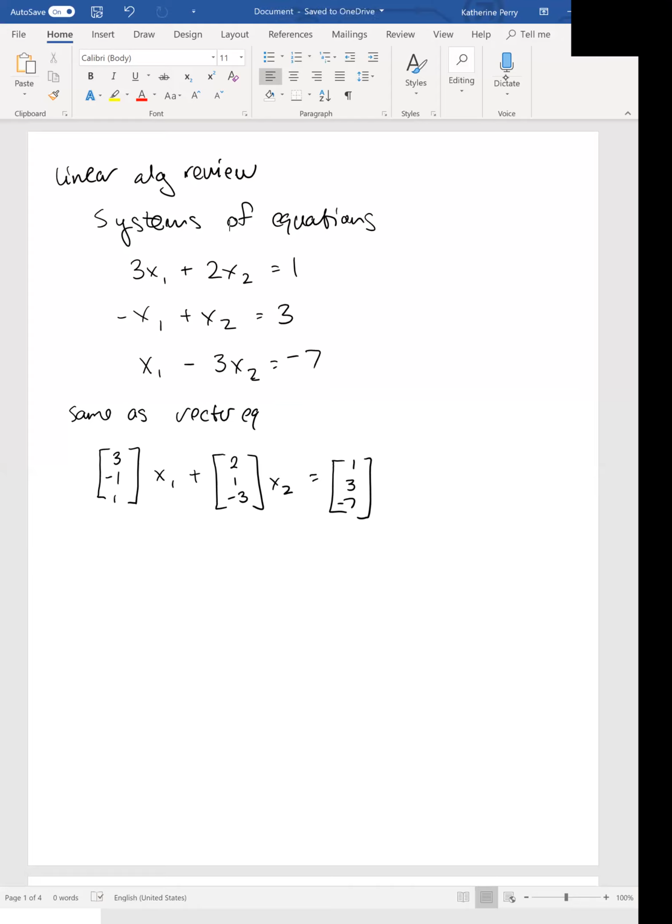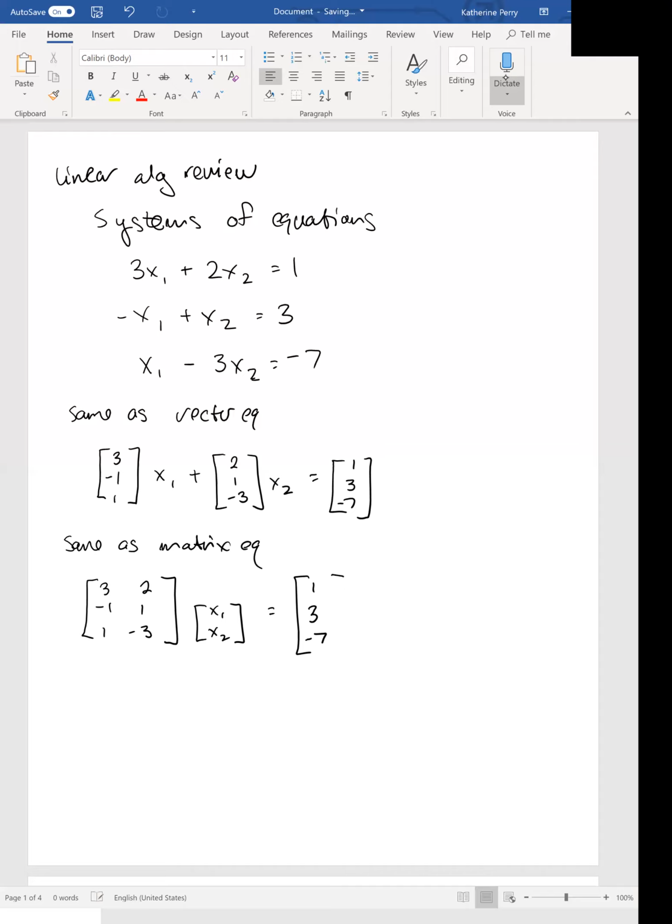But we also saw that this is the same as the matrix equation, where I have this coefficient matrix, 3, minus 1, 1, 2, 1, minus 3, multiplied by the vector containing x1 and x2, and that's all equal to this vector 1, 3, minus 7.